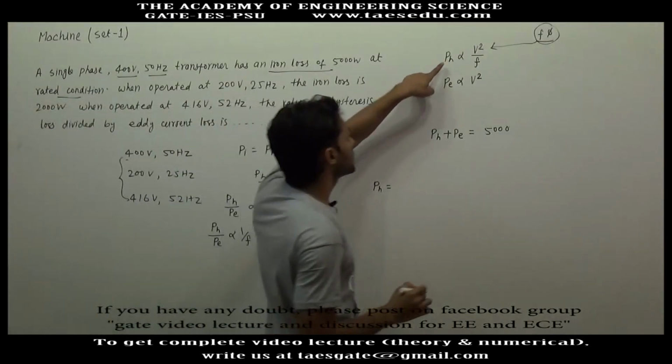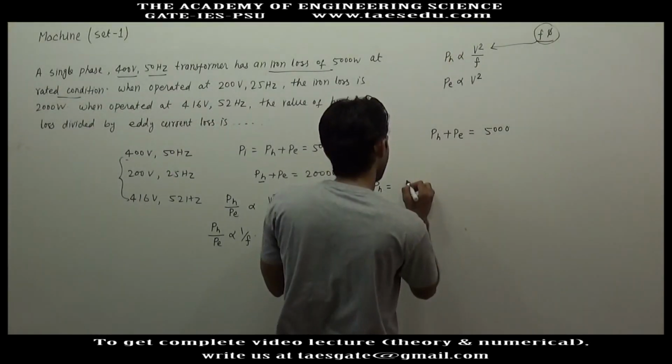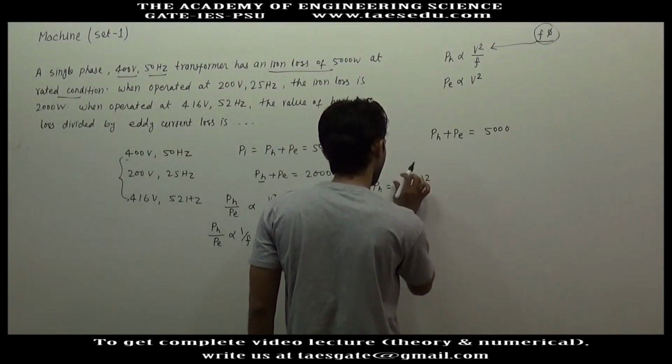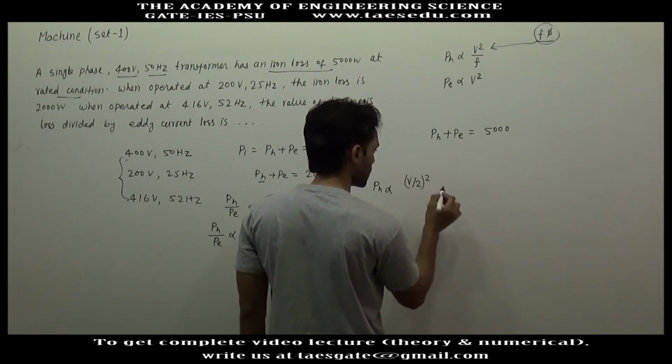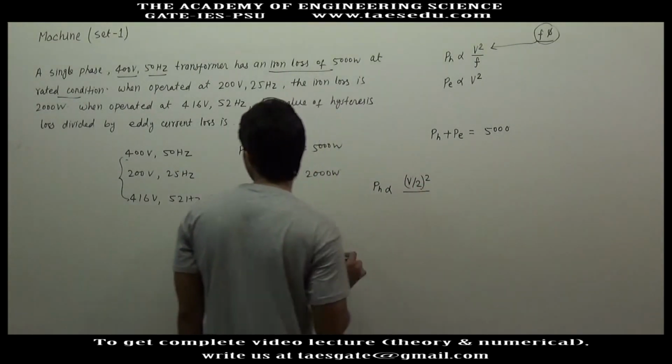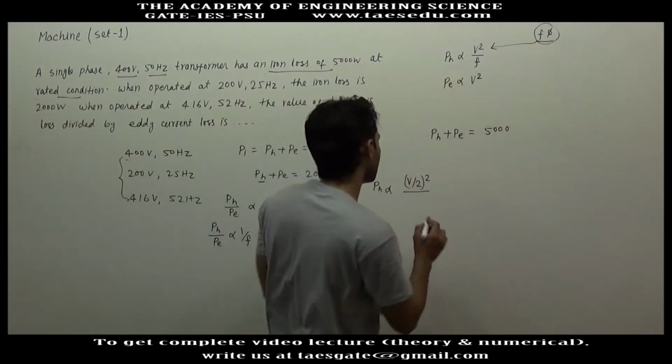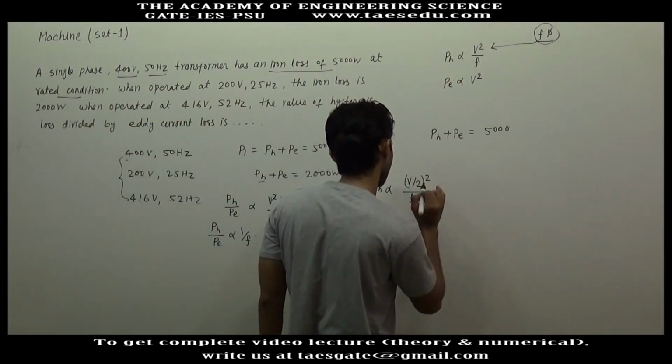Okay, PH is directly proportional to V square, so PH will be V divided by 2 whole square. PH will be directly proportional to V divided by 2 whole square divided by, frequency is also halved. So in place of F, we will have F by 2.